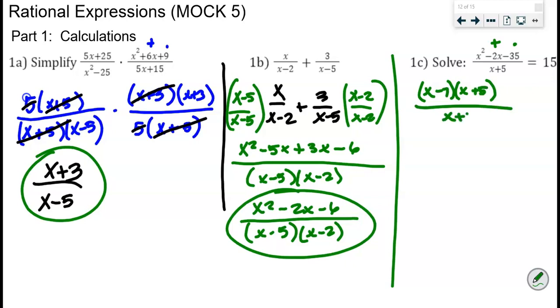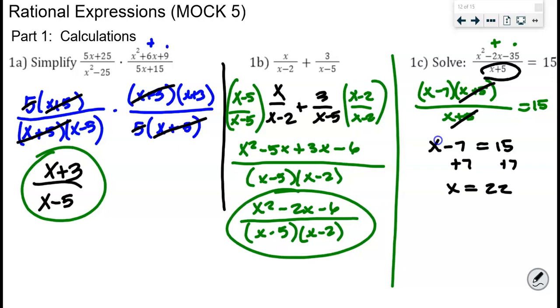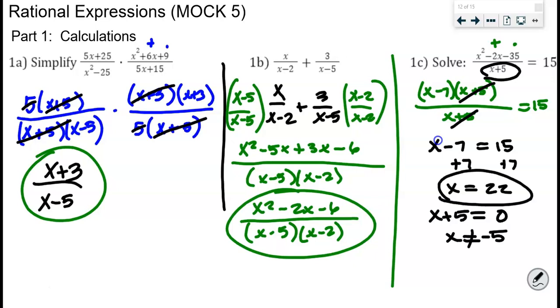So that's going to be over x plus 5, and that's equal to 15. So what we get is x minus 7 equals 15. We're going to add that 7 to both sides. So x is equal to 22. Now we need to check for our excluded value, so we're going to take this denominator right here, set it equal to 0. So x cannot equal -5, and x does not equal -5, so that is our answer.